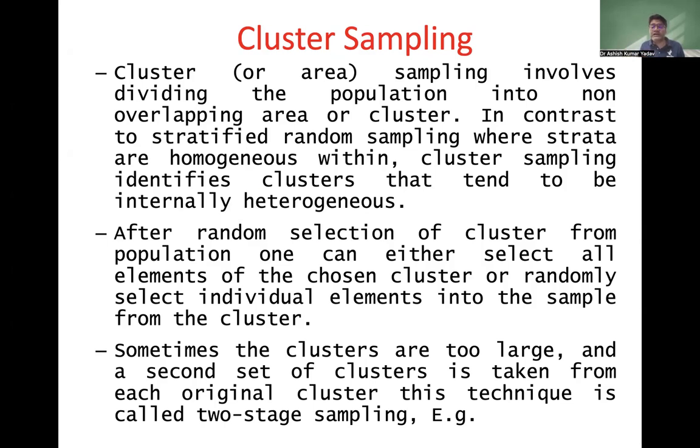The entire population is divided into different clusters such that within the cluster, they are heterogeneous, and in between they are homogeneous. So we can divide the population into different clusters, and randomly choose any one cluster and study the population characteristics.